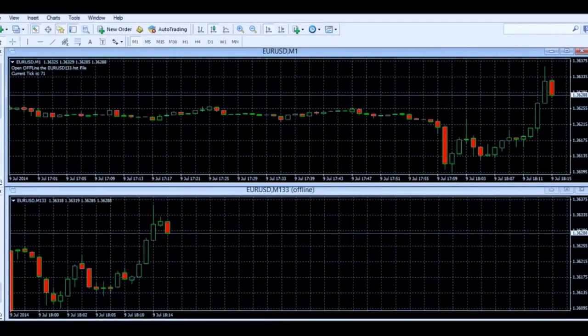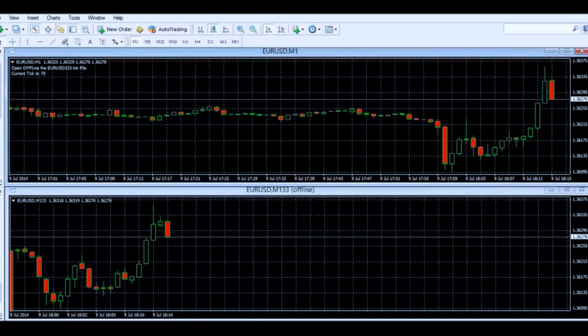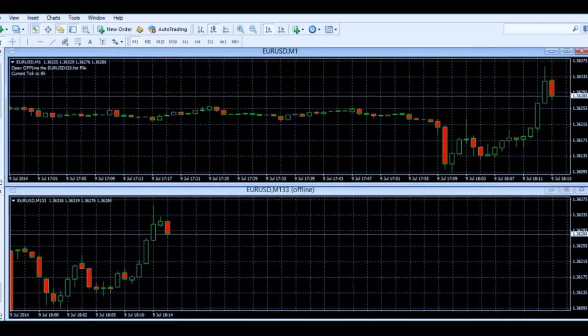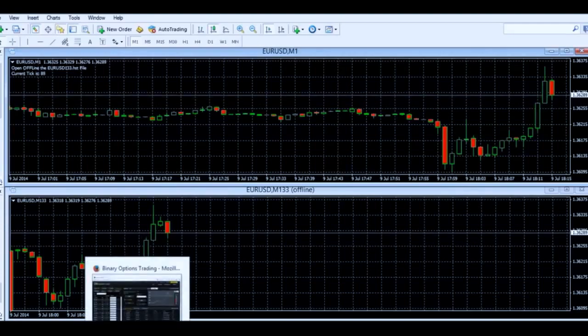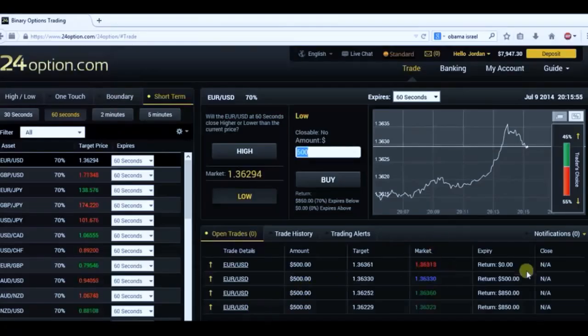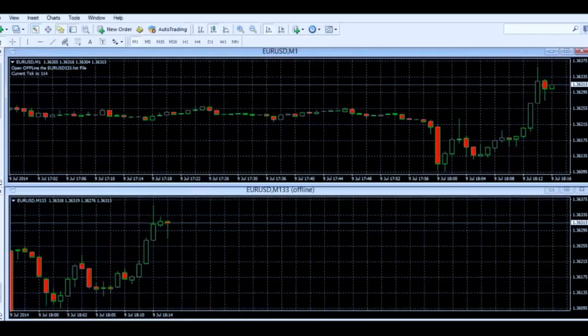If I hadn't been busy explaining, I might have caught that last trade a little bit earlier. So it looks like we won 2 trades, tied another, lost 1.